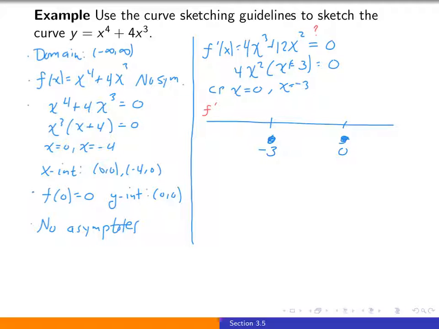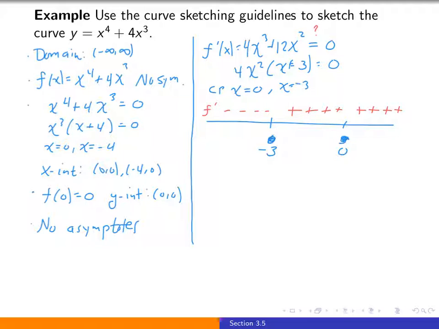So we need to think, how is f prime behaving? Well, looking at 4x squared, that's always positive, so it's really the x plus 3. If x is to the left of minus 3, that's a negative quantity. If x is to the right of minus 3 anywhere, that is a positive quantity.